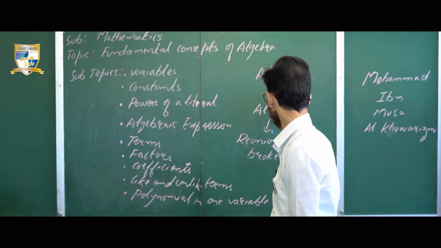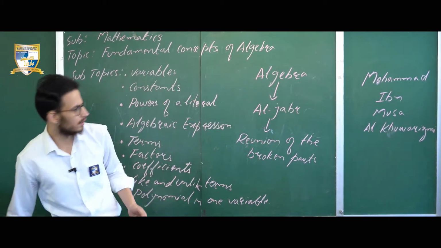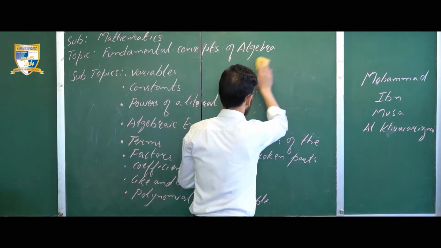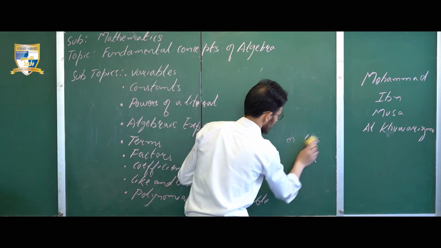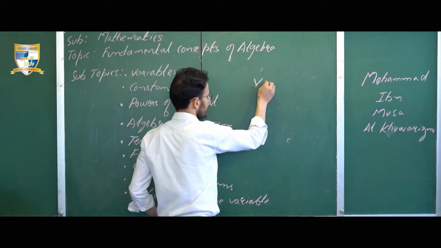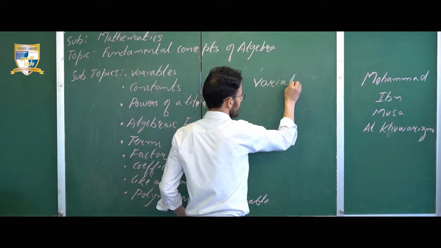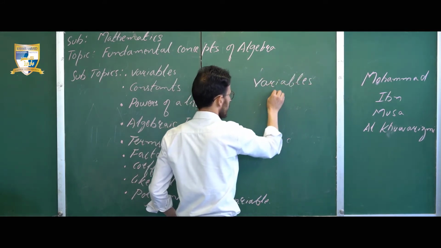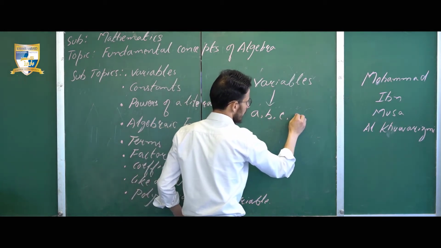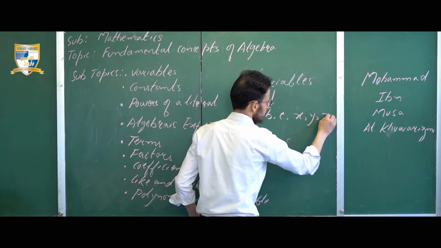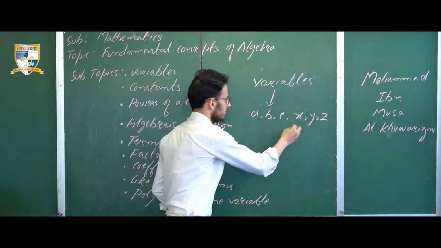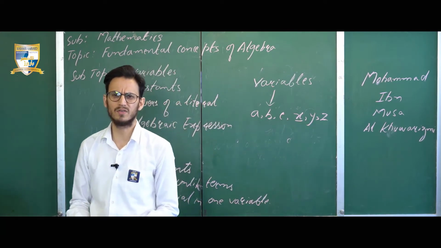And variables are the letters, or we can say the small letters, like A, B, C, or X, Y, Z.